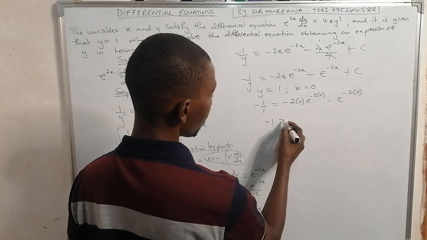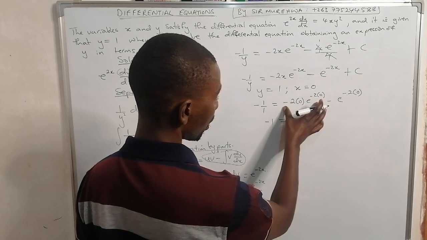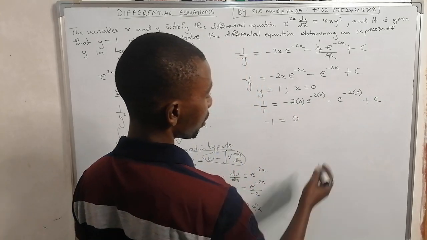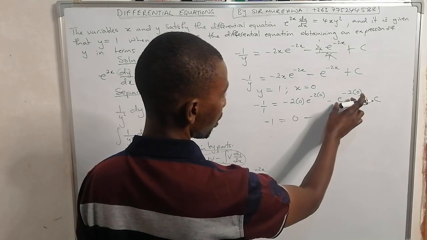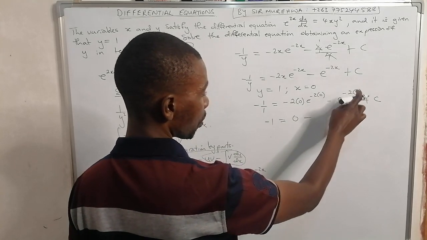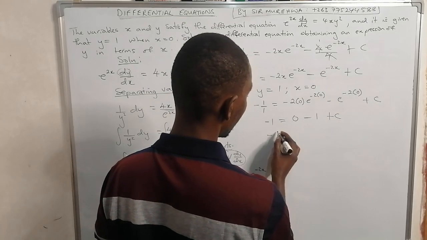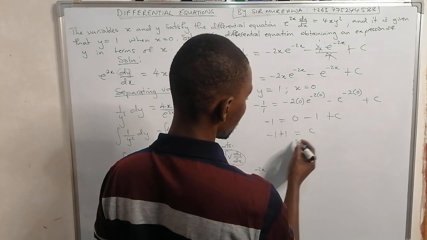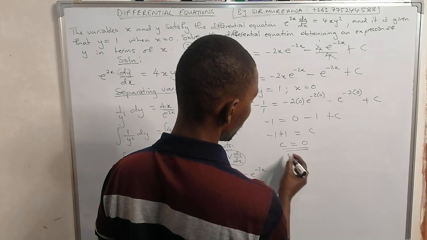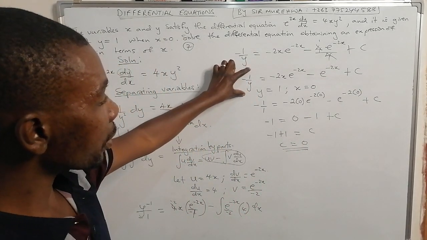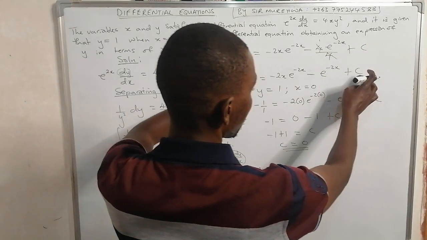Then negative 1 is equal to 0 plus c, and this one becomes any number to the power 0, which is 1, plus c. Then minus 1 plus 1 equals c. Our c becomes 0.